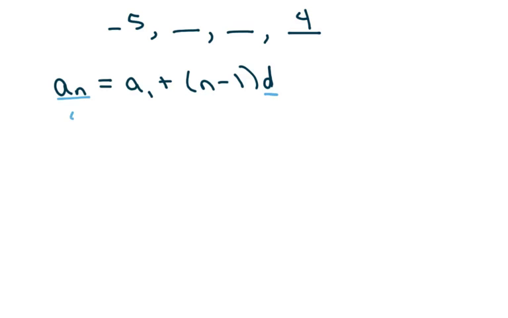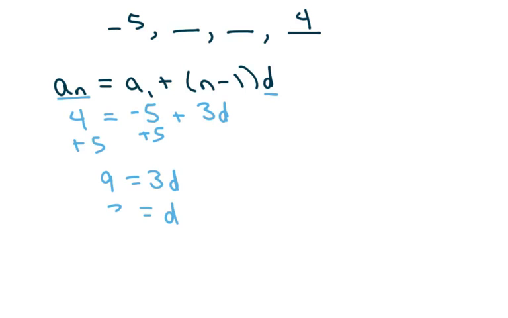So our last term is 4, first term is -5, number of terms is 4, so 4 minus 1 is 3d. You add 5 to both sides. You get 9 equals 3d, so d equals 3.